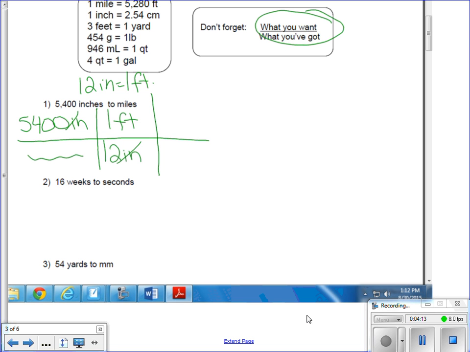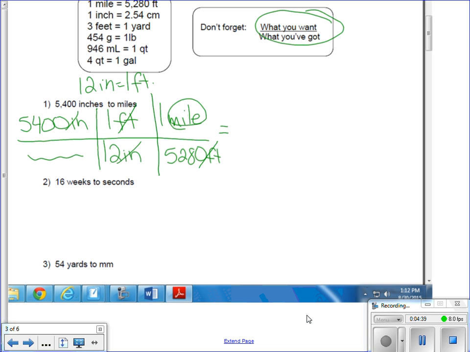So I'm going to put 1 mile at the top, and I'm going to put 5,280 feet on the bottom. And this is good because if I have feet on top and feet on bottom, they cancel. I don't want my answer in feet. I want it in miles. And since I have miles at the top in my last box, I know I can stop. I don't need to draw any more boxes.